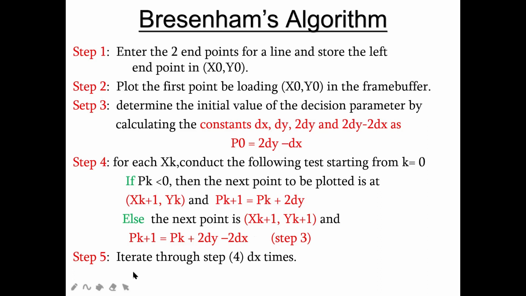You have to repeat this whole process until you reach your second endpoint. We will do problems and you will understand how to utilize this. Don't worry about that. Just remember, this is your Bresenham's line algorithm, which you are going to write in all 5 steps. And before that, you have to explain how you got these formulas.